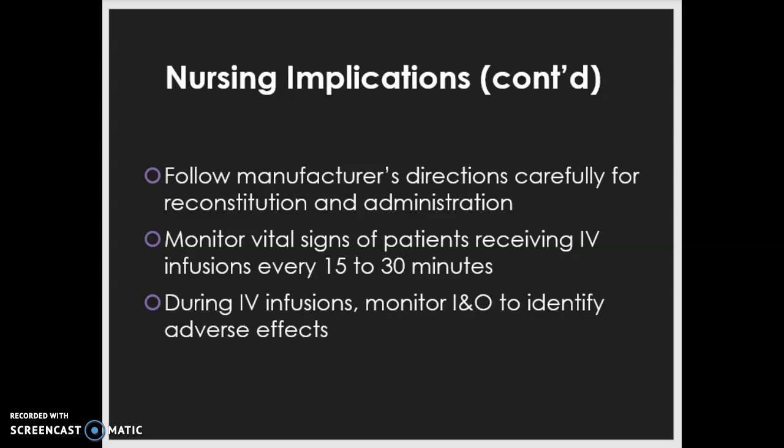We want to make sure that you're following manufacturer's directions carefully if you're reconstituting and administering these drugs. And we typically monitor vital signs if these patients are getting an IV infusion every 15 to 30 minutes. During the IV infusion, we also monitor I&O because we're looking at renal problems, right?